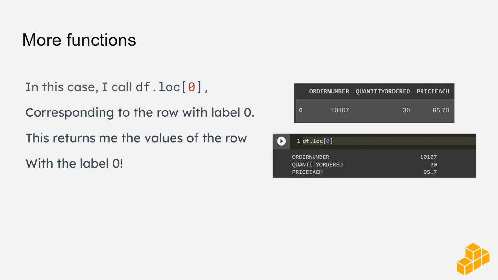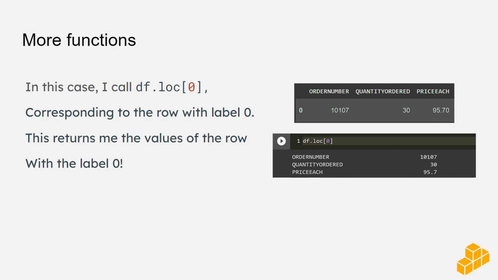Okay, let's go back to locate. In this case, when I call df.locate 0, you might be thinking, is it an integer locate? Because it's a 0, it's not a string or text. But the catch is here: 0 in this case is a label. So when you call df.locate 0, it will locate the row with the label 0.